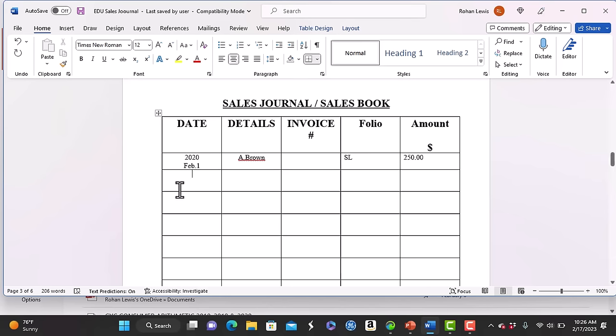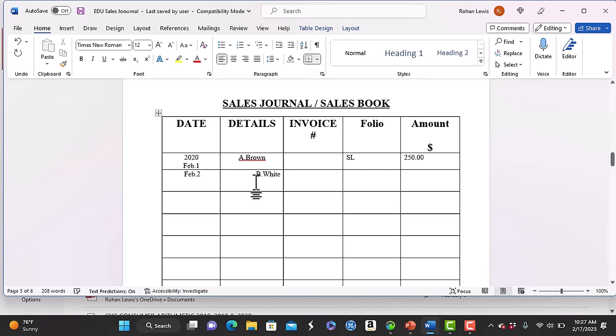Second transaction is on February 2. Name of the customer, B. White. Folio, sales ledger, amount $150.